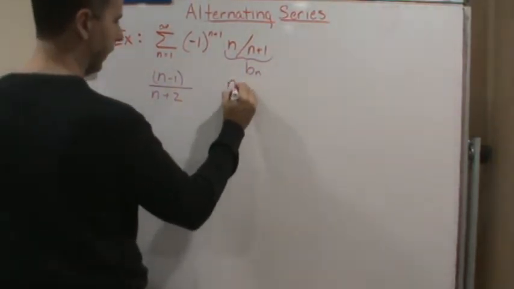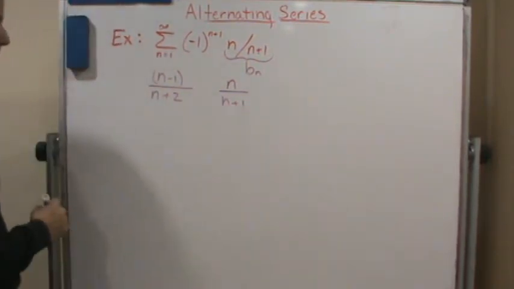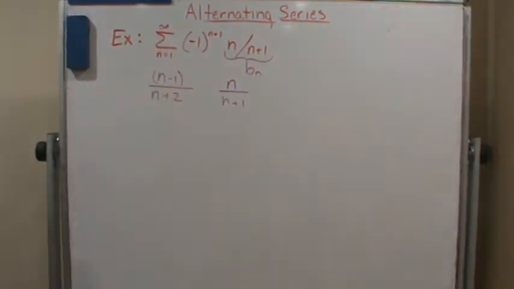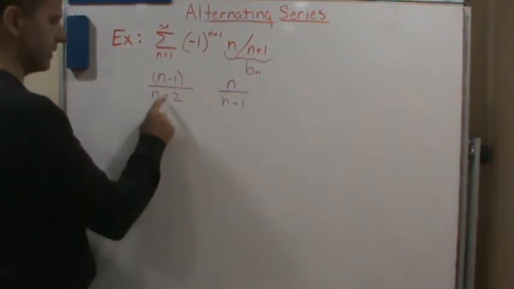And we get n over n plus 1. So now, in this case here, it's not obvious that this is decreasing.